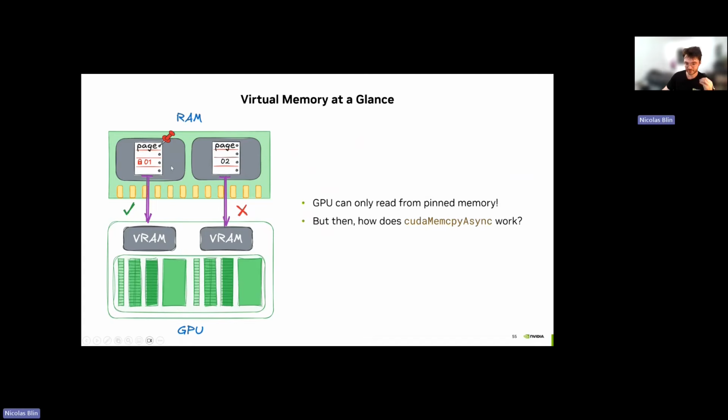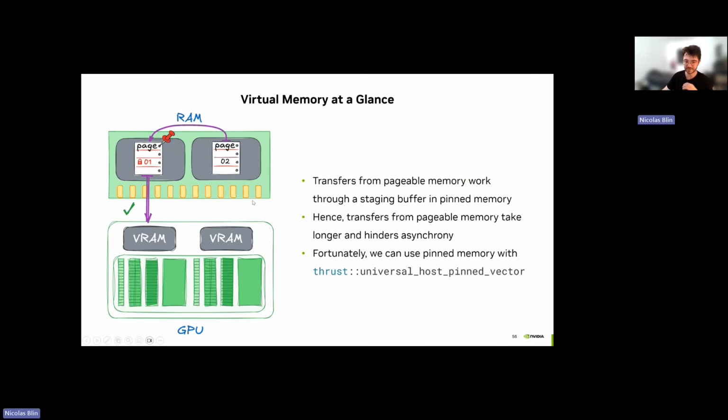So that raises the question. We haven't done anything special so far to transfer data between the CPU and the GPU. So how do things work in this case, where data could be on the RAM or on the disk? Behind the scenes, the CUDA runtime uses a small pinned buffer as a staging area for transfers.